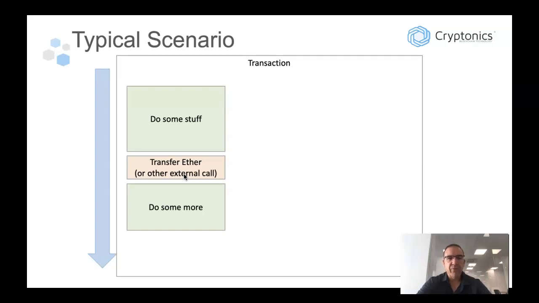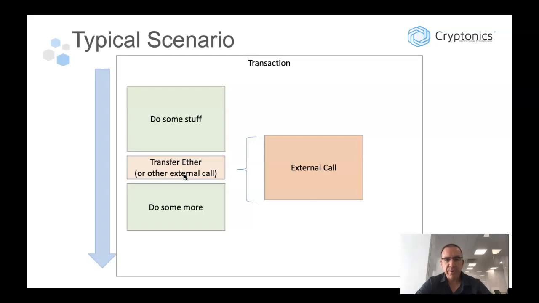You always have to assume that the address you're dealing with can be a smart contract. So if you're doing an ether transfer or another external call, something will get executed on the other side. There's an external call if there's a smart contract involved, and anything can happen in there.